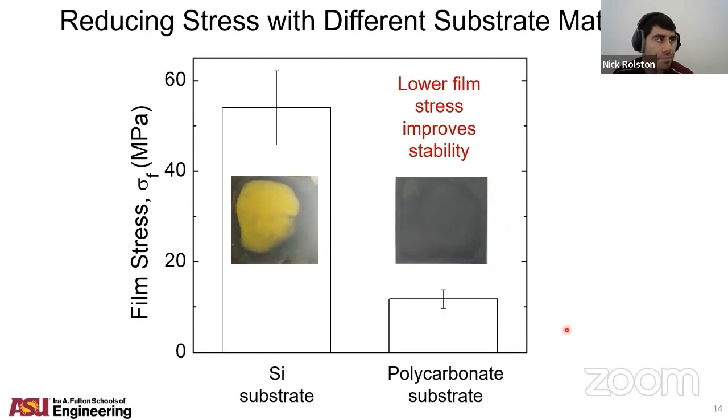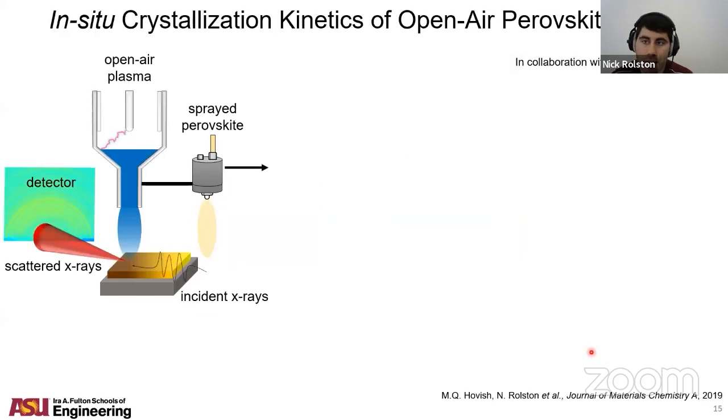The other approach would be to actually change the kinetics of formation. We discussed how forming in a bath at low temperature can allow the perovskite to attach at room temperature.